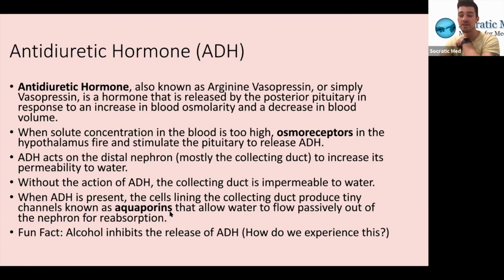So at the last part of the nephron, when we secrete ADH, it allows water to come up. Remember, the collecting duct is not permeable to water on its own. So ADH stimulates the production of these aquaporins, which allows the permeability of water. It allows water to passively flow out of the filtrate and into the surrounding tissue.